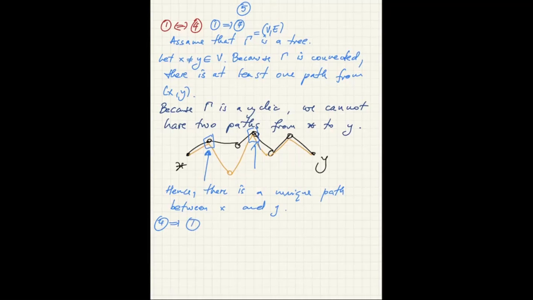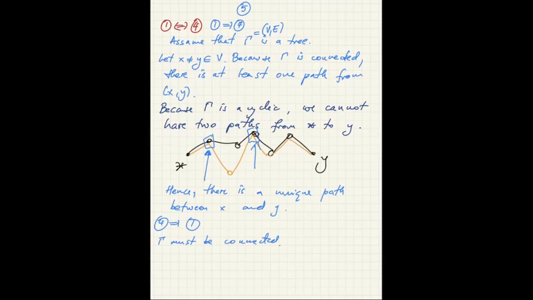If you have a graph that has the property that between any two vertices there is a unique path, then clearly gamma must be connected, because for any two vertices there is a path between them.